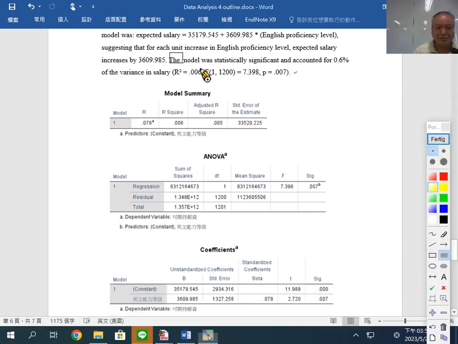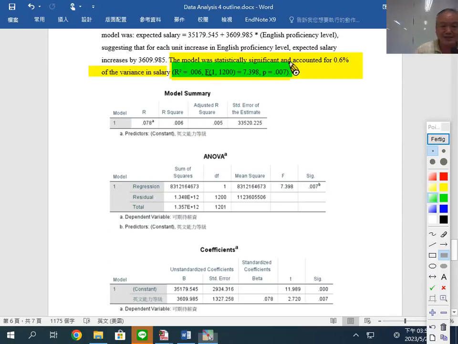This is the conclusion, right? It says that this one is significant. But where does this number come from? Let's try to identify the number here. So look here, the model, so we have a conclusion, right?